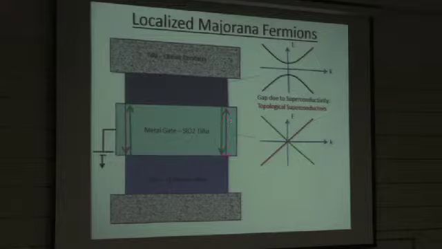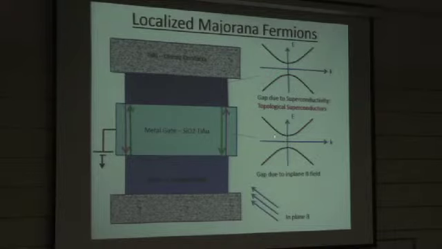This gaps these helical edge states and creates something that is known as a topological superconductor, and towards the end I'll indicate some of the implications of this topological superconductivity in contrast to a normal superconductor. This is one mechanism for gapping. The other mechanism for gapping is to apply a magnetic field in the system. This breaks time reversal symmetry, and this magnetic field will then open a gap of a different nature.